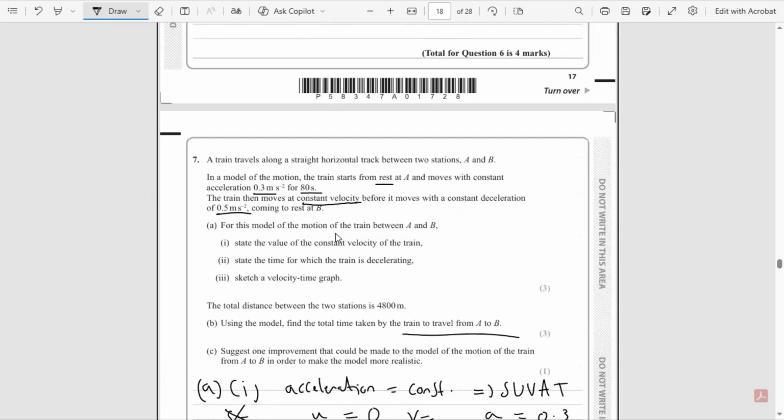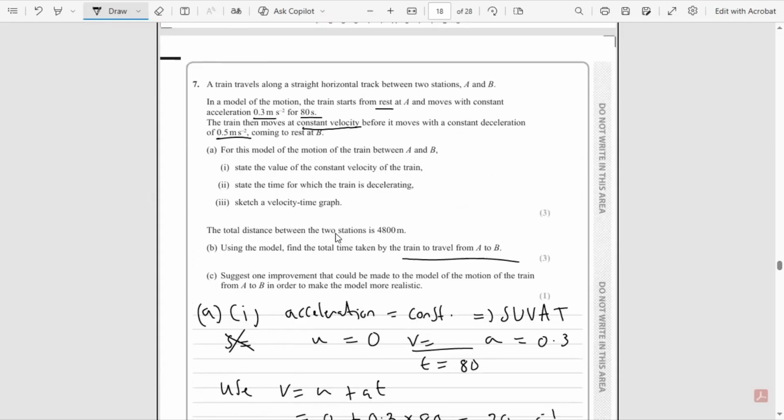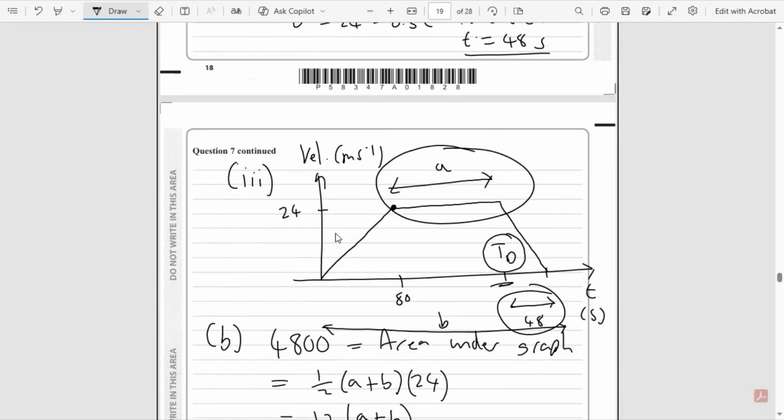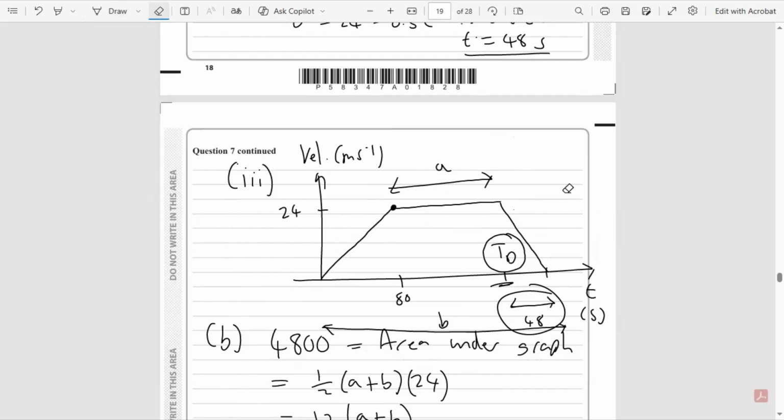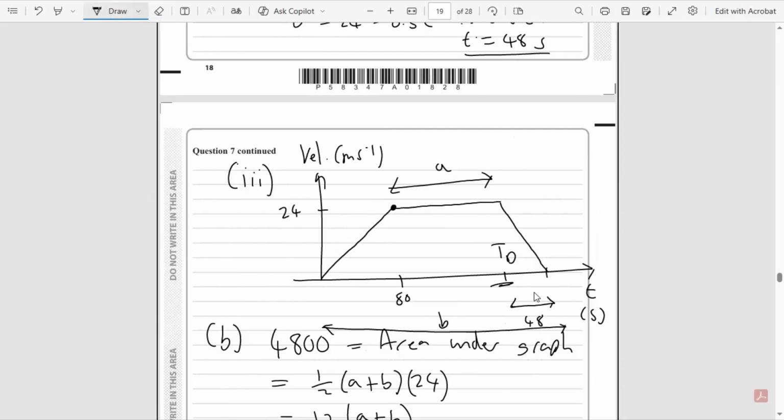So suggest one improvement that could make the model more realistic of the motion of the train from A to B. Okay, so if we go to our speed time graph or our velocity time graph, let's just rub out this big circle there, if it will let me do so. There we go. Now, what you'll notice is that, again, we're accelerating for 80 seconds, and then our acceleration instantaneously becomes 0, because at this point here, we now move at a constant speed.